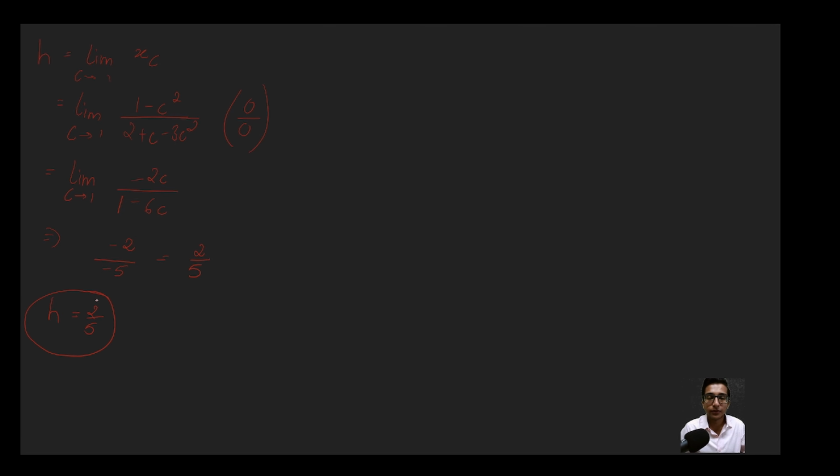I've got the first coordinate of the center of the circle. Now let us find out the other. k was also equal to limit c tending to 1 of yc. Now let us put the value of yc in terms of c that we just found out. It is (c minus 1) upon 5 times (2 plus c minus 3c square).